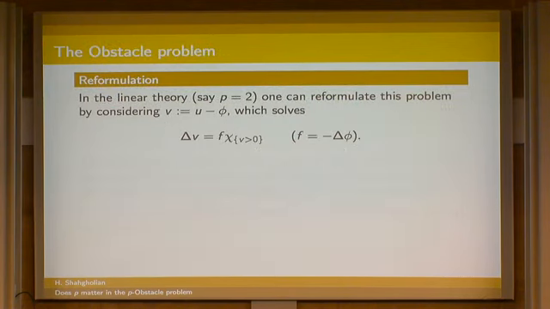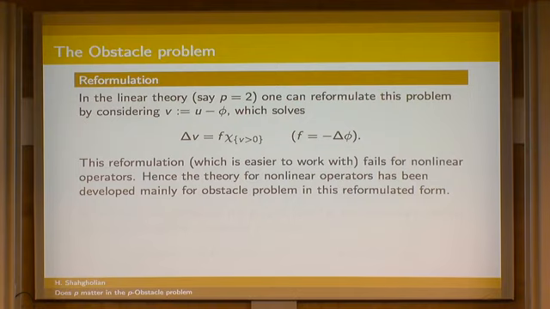Well, classically, most people work with this problem by reformulating it. Generally, you look at the difference between u and the obstacle. If you take the difference, then it's a simple drill to show that the Laplacian of v is going to be f, which is exactly minus the Laplacian of phi, times the characteristic function.